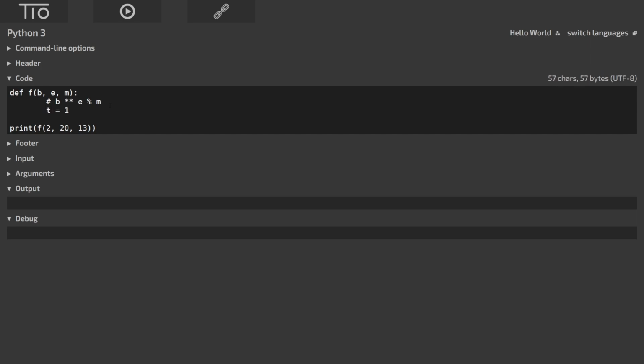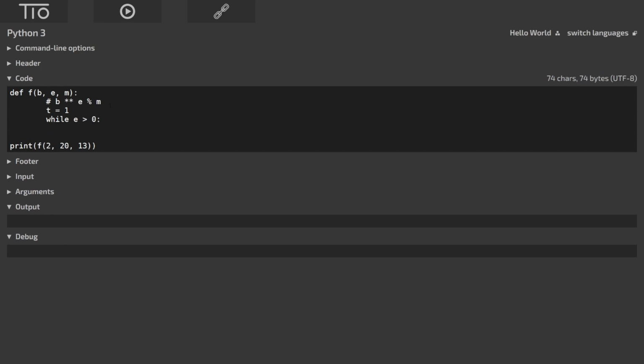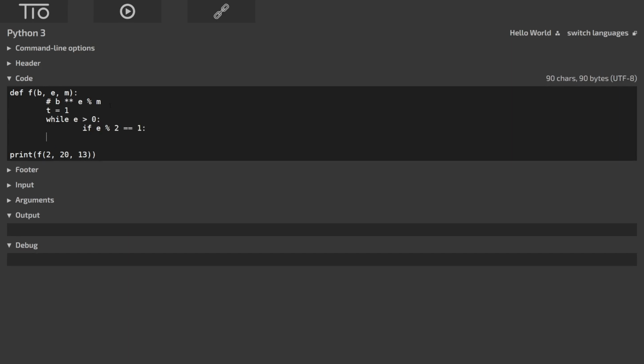So the total starts out equal to 1. Let's just ignore the modulo for now. While the exponent is greater than 0, if the exponent mod 2 is equal to 1, then we will multiply t by the base to the power of the exponent.